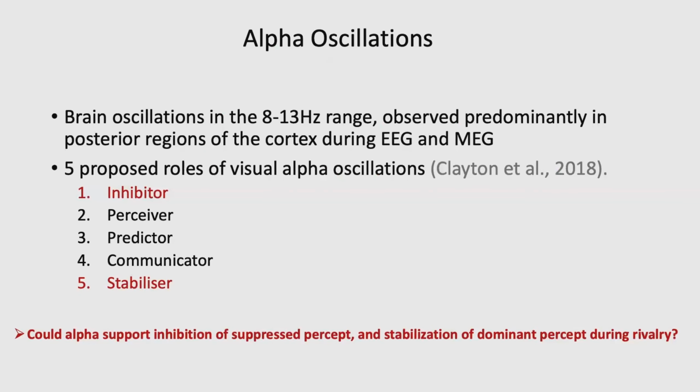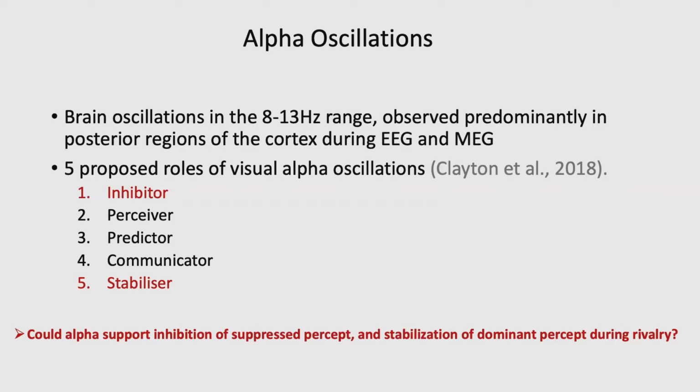Now, for some of you, this might be old hat, but alpha oscillations have been of interest for quite a while. There's a review paper, which I think is quite nice, that does a pretty good job of trying to organize all the different conceptual roles that alpha might play, based on the rather large literature out there.